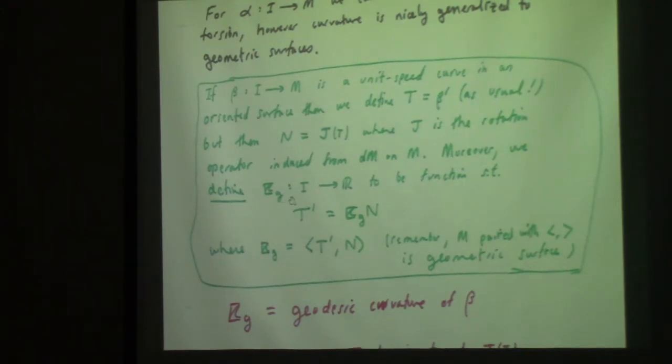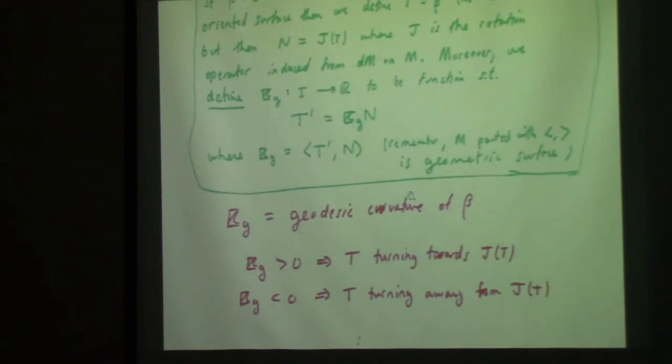So kappa sub g is the function such that the derivative of the tangent is equal to kappa sub g times N. So you could define the geodesic curvature to be T prime inner product with N. Well, what's N though? Well, N is J of T here. All right. Okay.